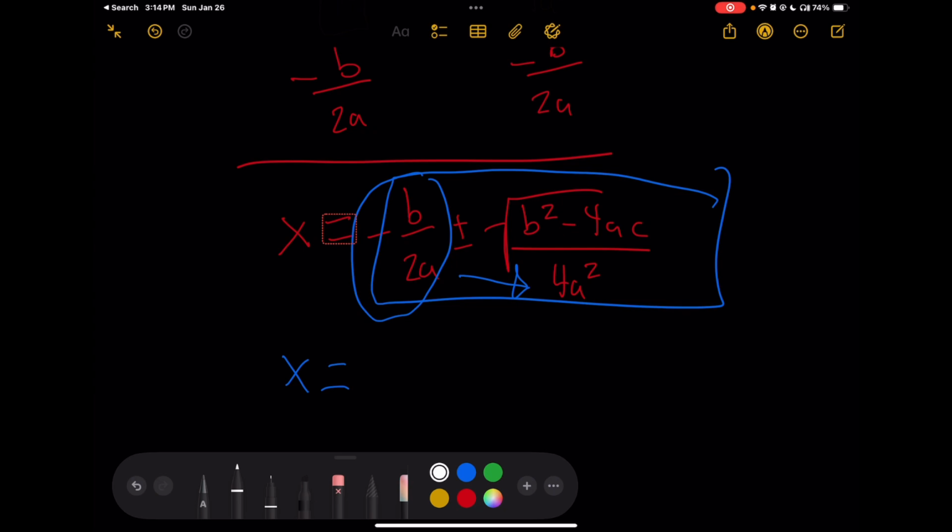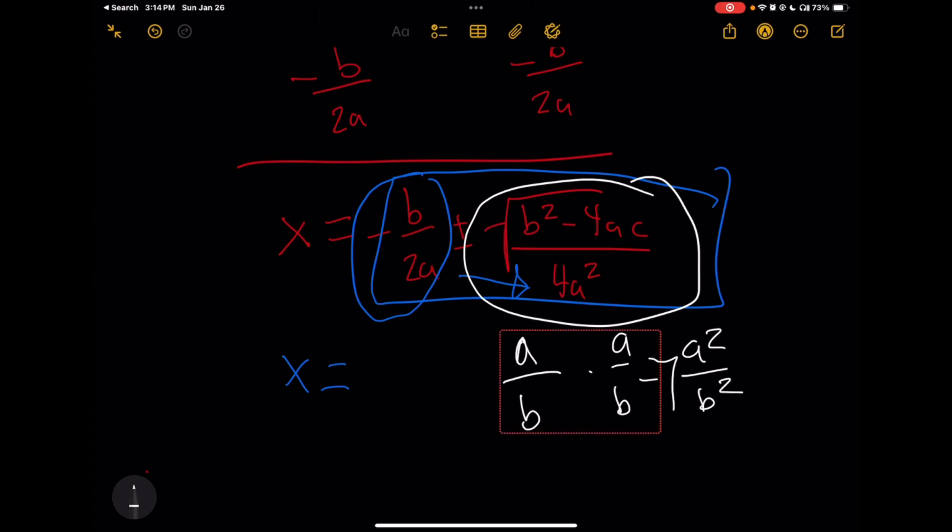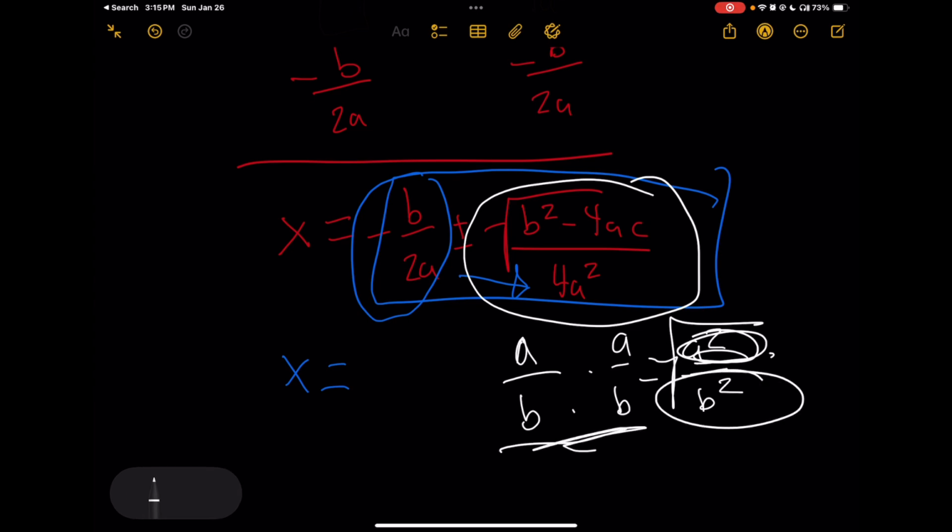When you take the square root of this, that means you need to find, okay, if I have a over b multiplied by a over b, that's going to be a squared over b squared, right? So when I take the square root of this, we're trying to find what numerator times itself equals this numerator, and what denominator multiplied by itself equals this denominator.